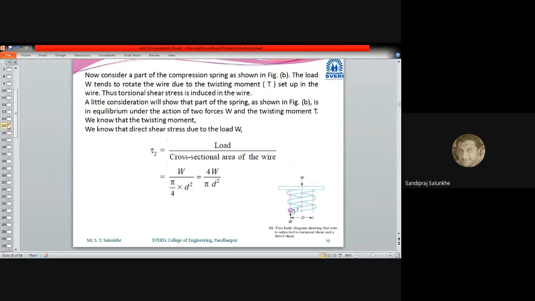One is that this W directly wants to shear this wire, and that stress can be calculated as tau 2, that is load divided by cross-sectional area. Later on we'll decide the number of coils and number of turns. But basically here this wire will get sheared because of the externally applied load W.